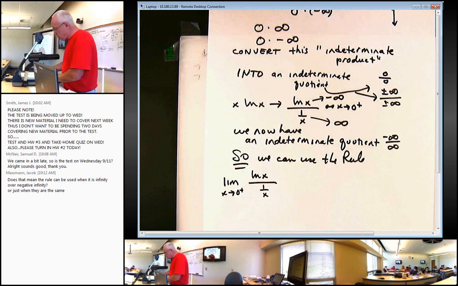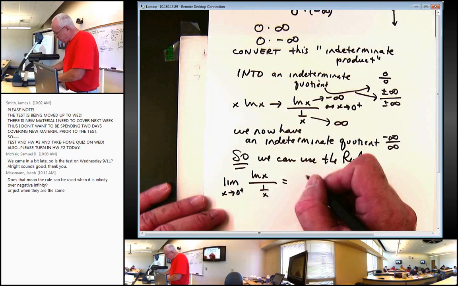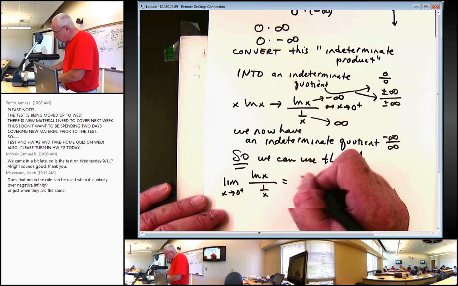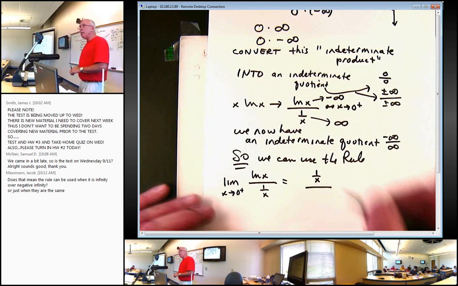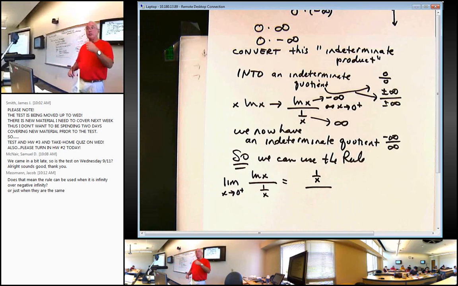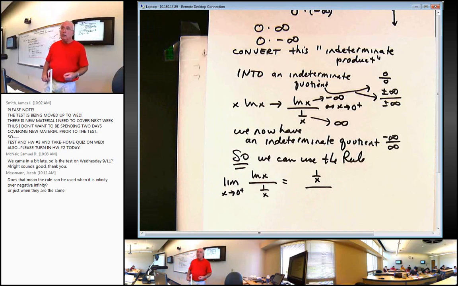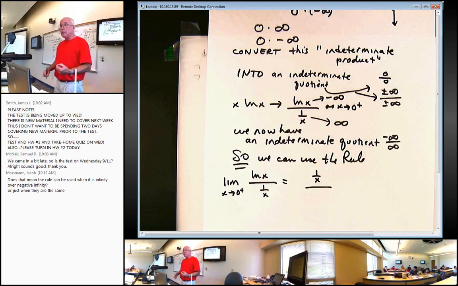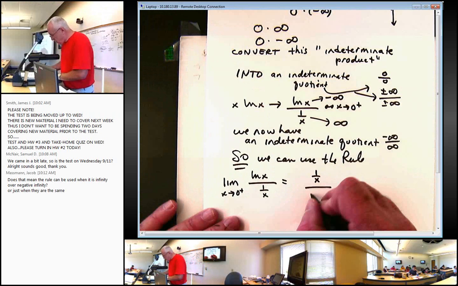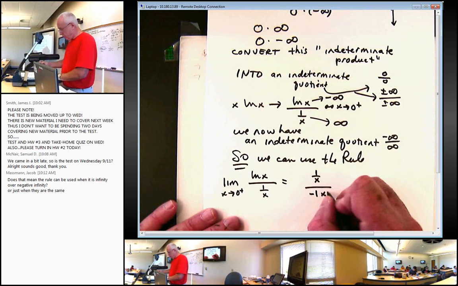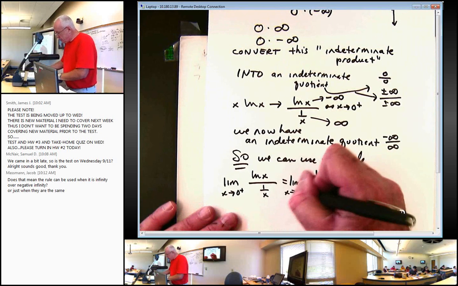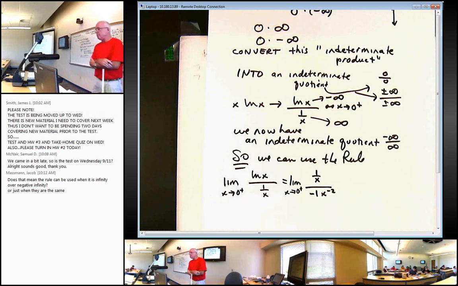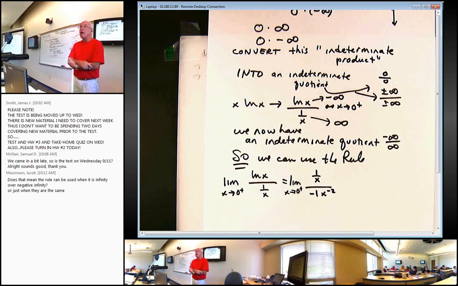So let's do the derivative. The derivative of the natural log is 1 over x. For our denominator, the derivative of x to the negative 1 power is negative 1 times x to the negative 2. And this is the limit as x goes to 0 from the positive side. We're going to do some more algebra here.